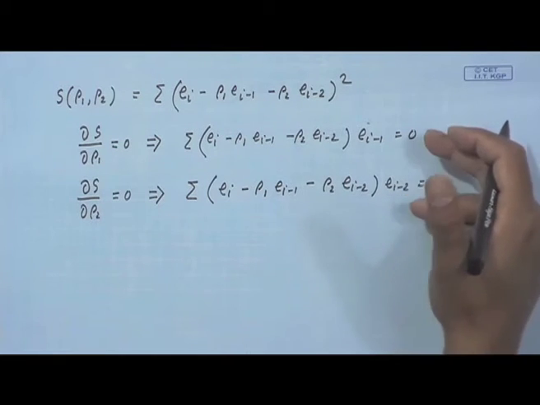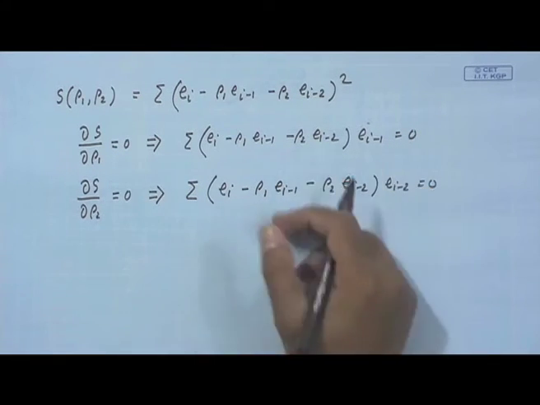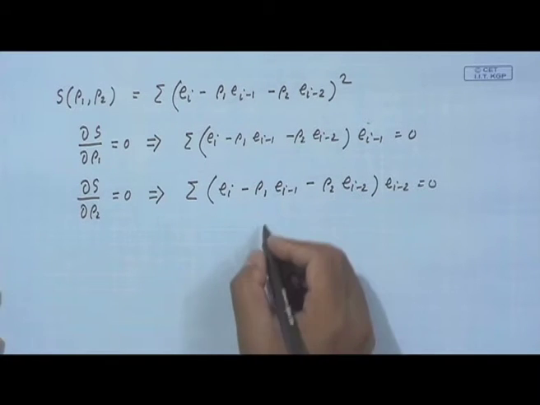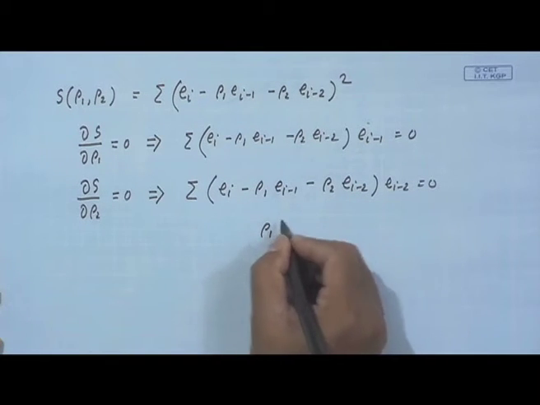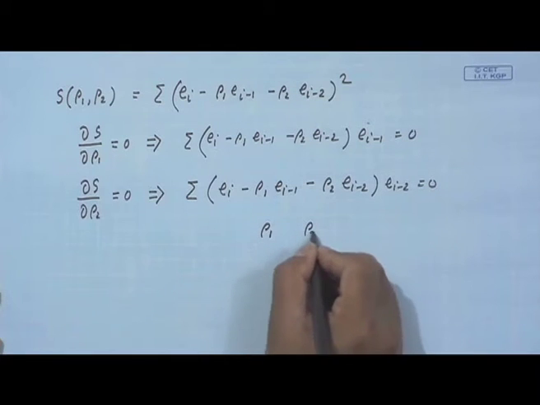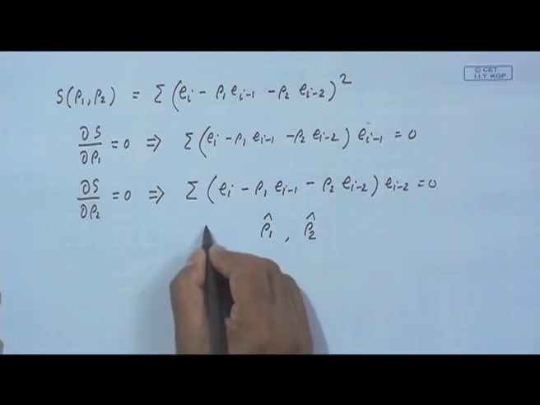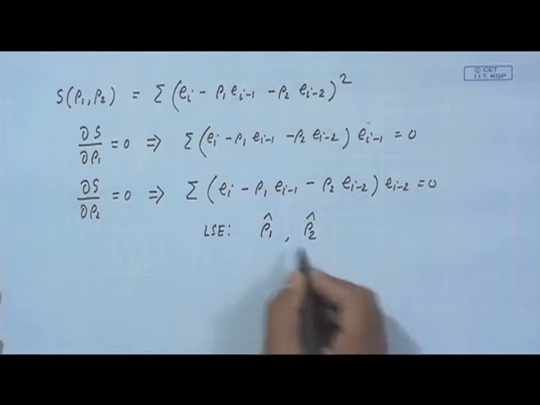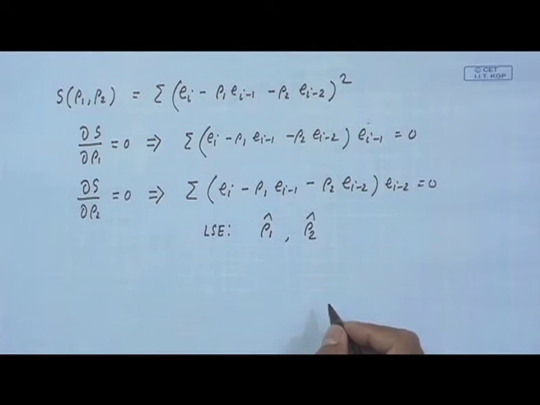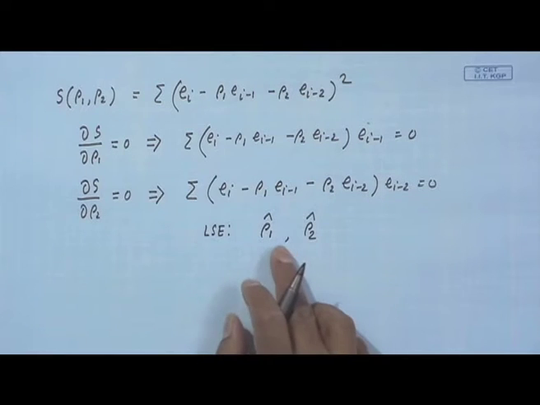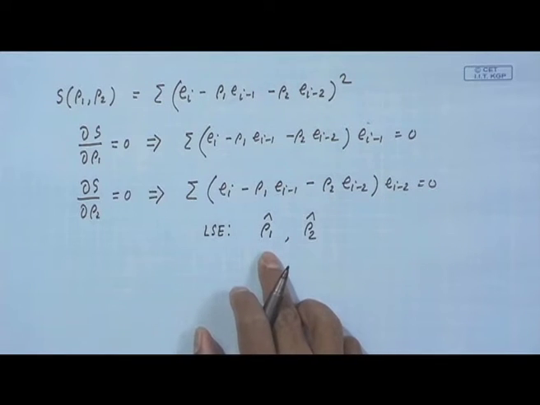So, you have 2 normal equations and 2 unknowns. So, you can find rho 1 and rho 2, call them rho 1 hat and rho 2 hat. These are the least square estimates of rho 1 and rho 2. Okay.